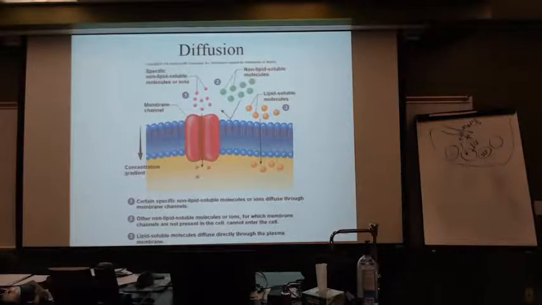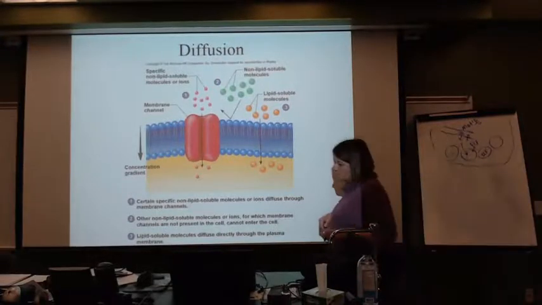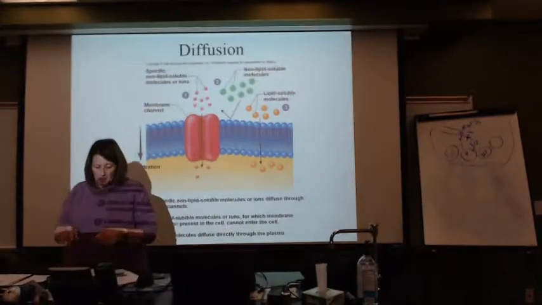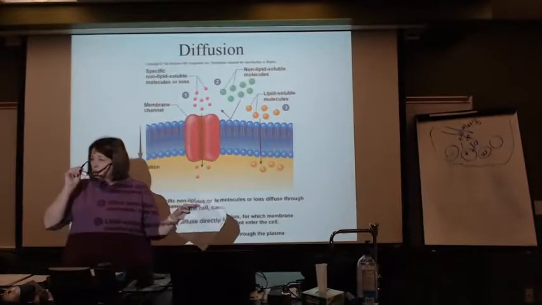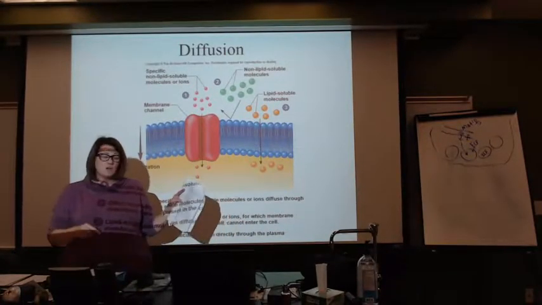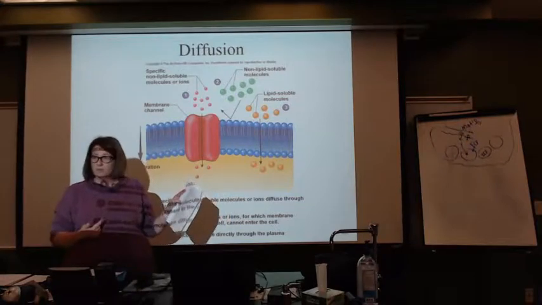When we need a protein to move that substance, it's termed facilitated. So I think that was the next term on the paper. And that one means those particles are polar.